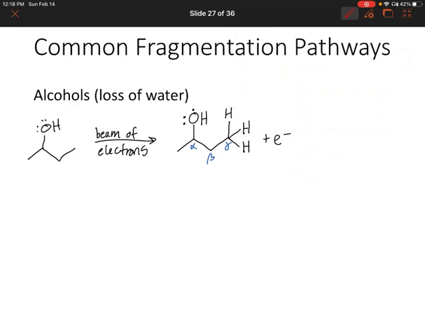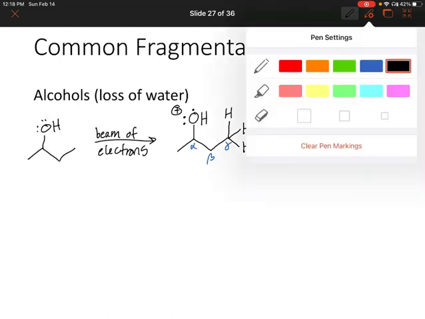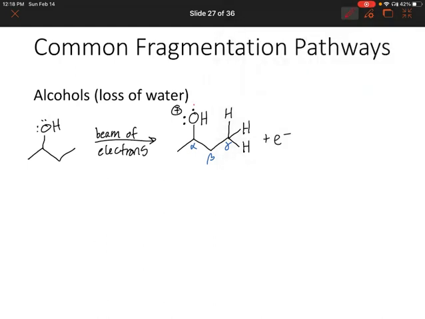So what happens here is the single electron from oxygen, and again, I forgot my positive charge on oxygen, but that single electron is going to team up with one of the electrons in the covalent bond between hydrogen and the gamma carbon. The other electron from that covalent bond will go to the gamma carbon.